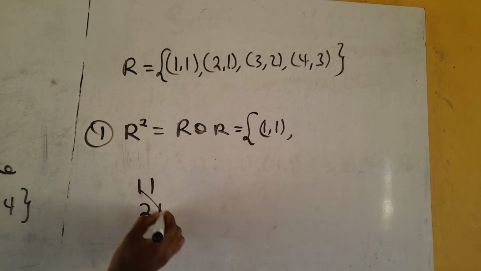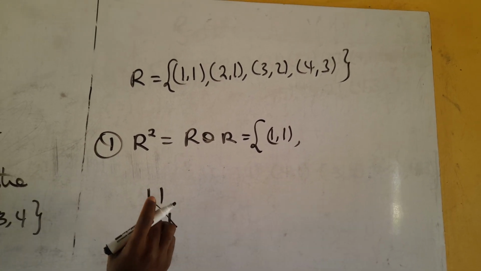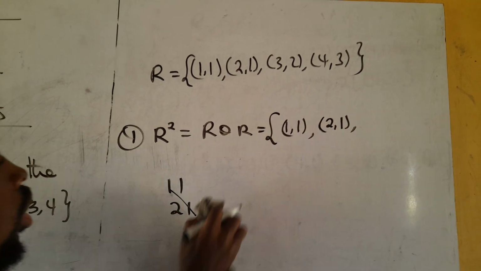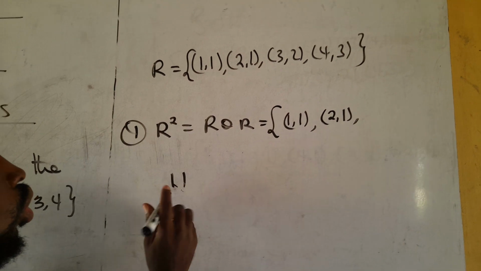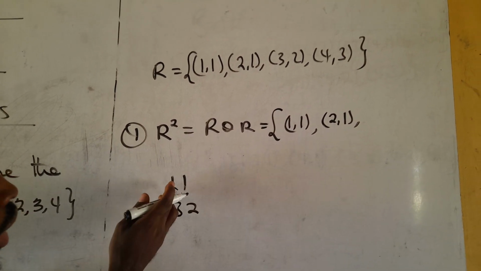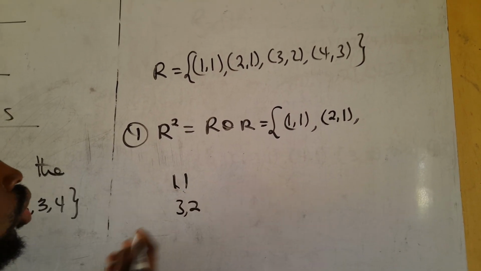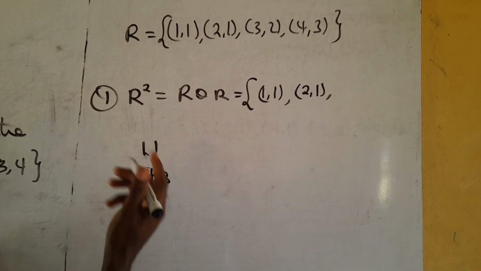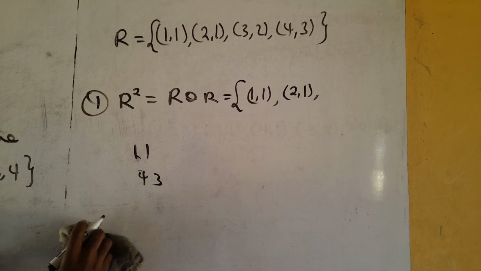You can see that 1 corresponds with this one, then we can have the ordered pair (2,1). (1,1) now against (3,2): you can see 1 did not correspond with the 2, so we ignore. (1,1) against (4,3): 1 did not correspond, so we ignore. Then that will do for (1,1).